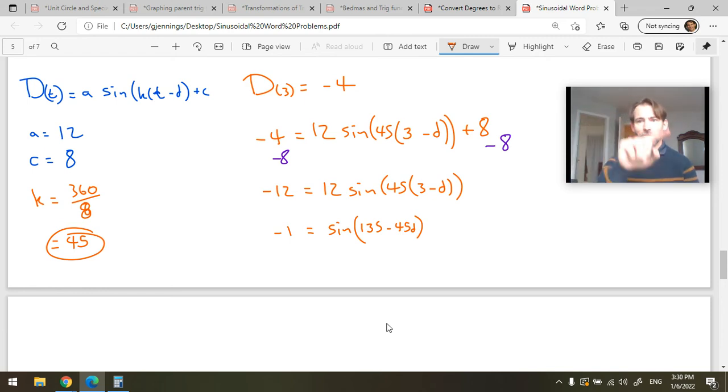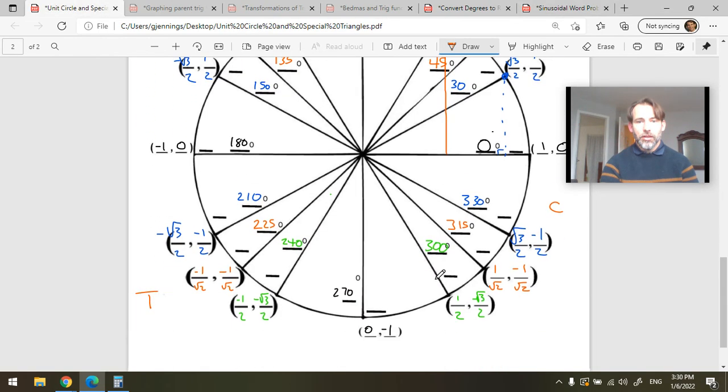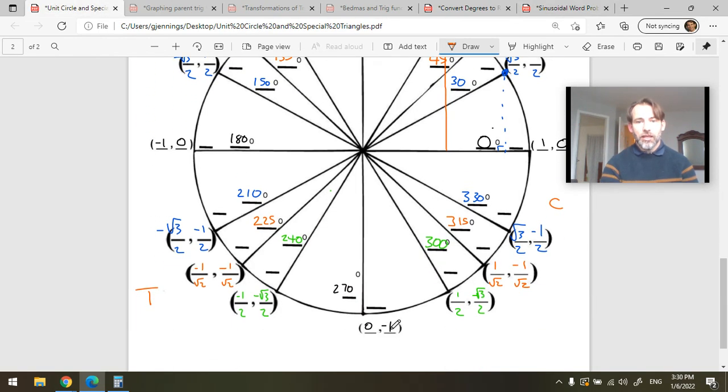Well, sine of -1 happens at 270. So this is 270 is equal to this. Do you believe me? Maybe you don't. Okay, let's take a look at y. If I look at my unit circle, the value of sine that is -1 is 270.